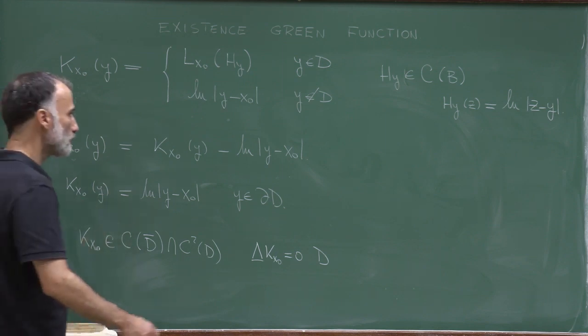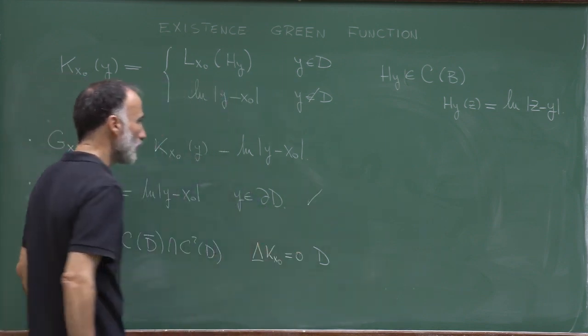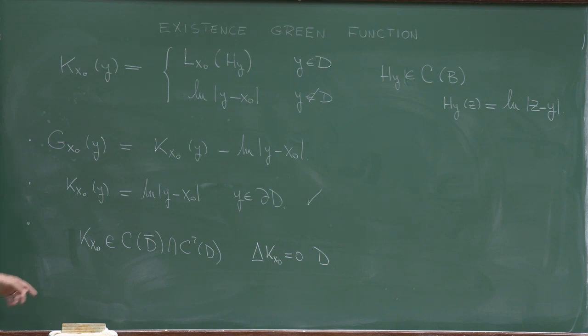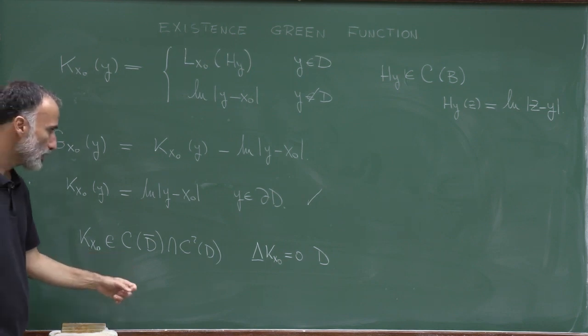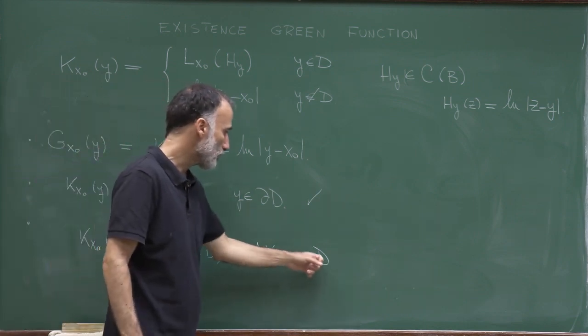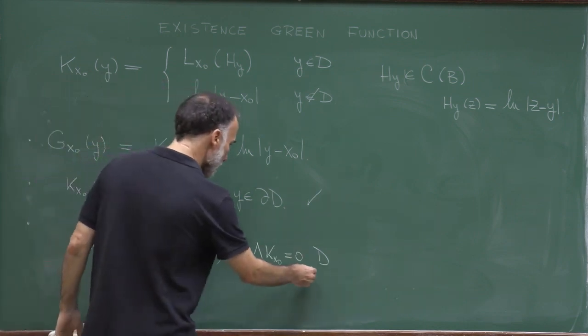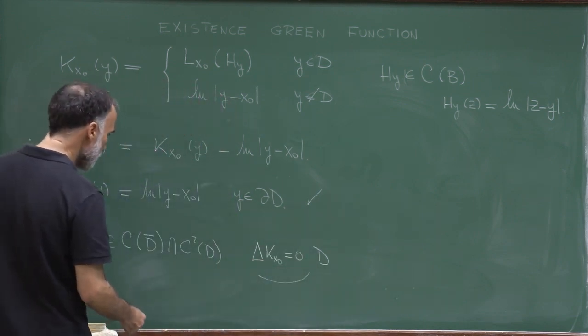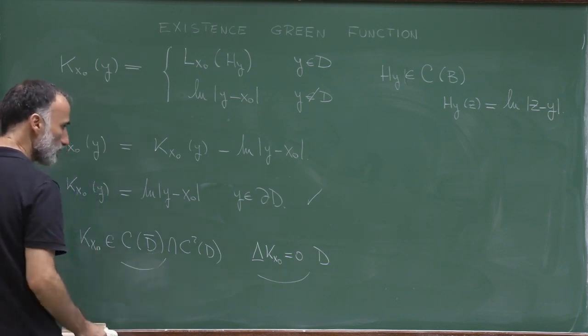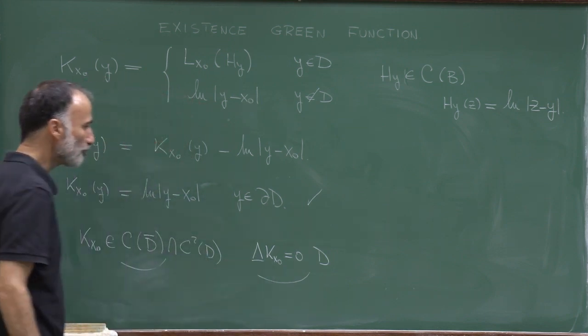So this property is already proved. What remains to be done is to show that k x0 is continuous and harmonic on D. So this is my goal now: to show that this function is continuous and that this function is harmonic on D.